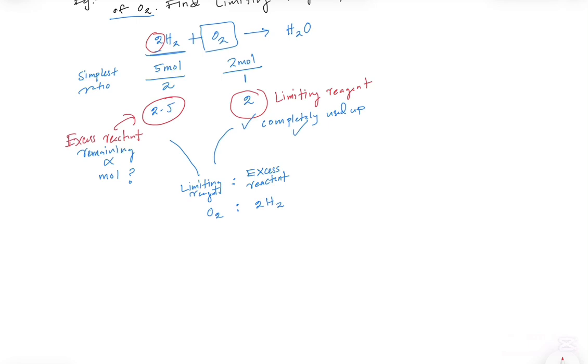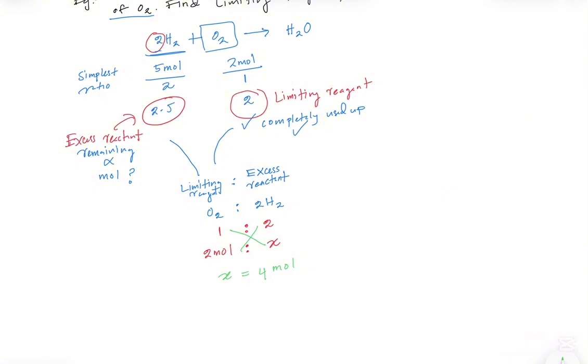Here the coefficient of oxygen is 1 to the coefficient of hydrogen 2, and the moles of oxygen used is 2 mole, and we don't know the moles of hydrogen used. To find that, we cross multiply, and here we get X equals 4 mole.